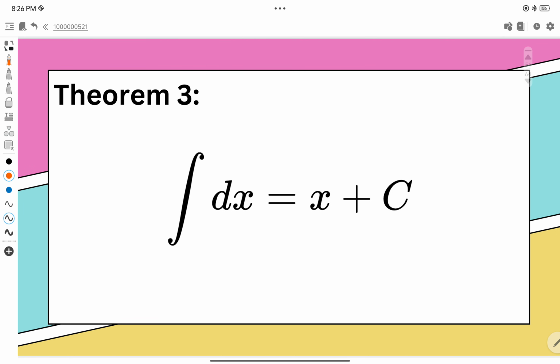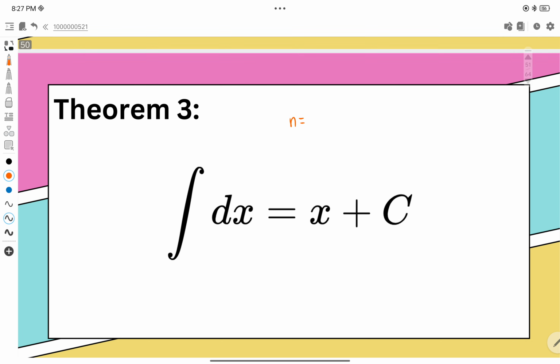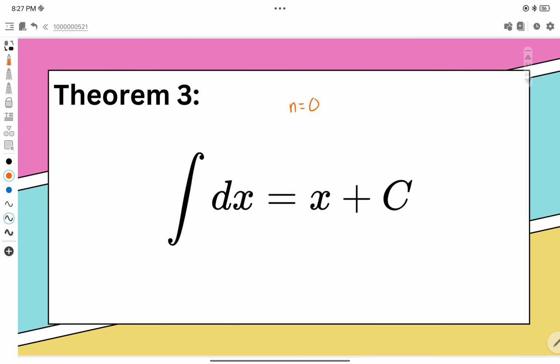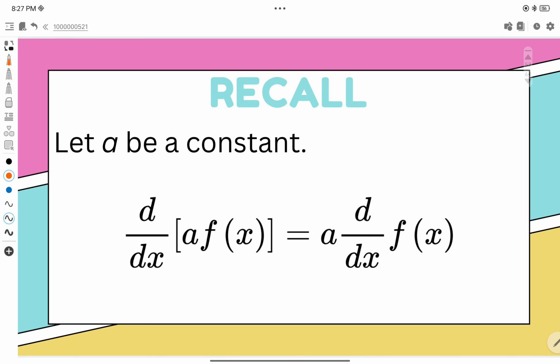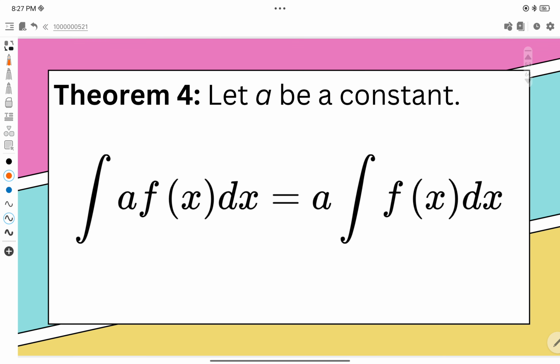Theorem number 3 is a special case of theorem number 2. This is the case when n is 0: integral of dx is equal to x plus c. Theorem number 4 tells us that if the integrand is a product of a constant a and a function, to simplify our job, we can factor out the constant and then proceed with integrating f.